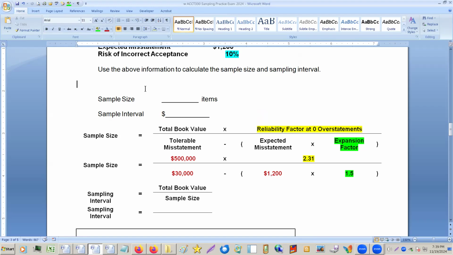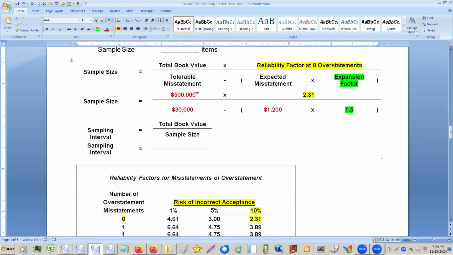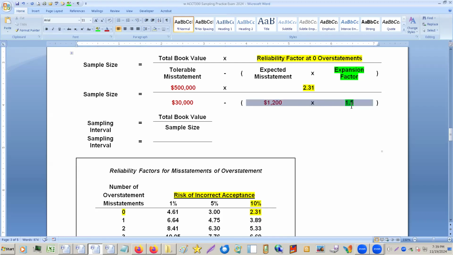So what is that? Divided by 30,000 minus 1,200 times 1.5.